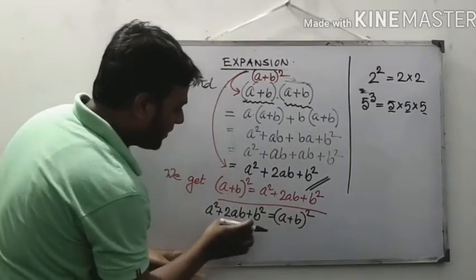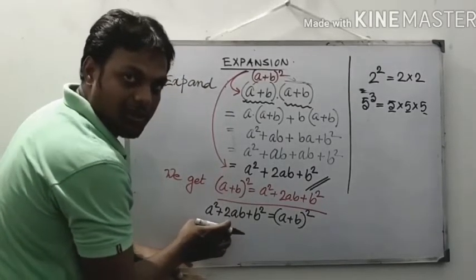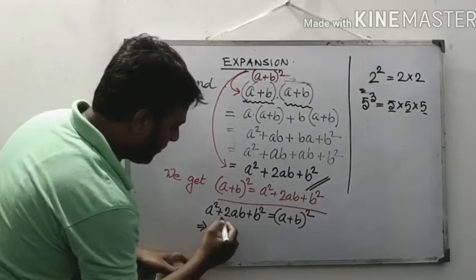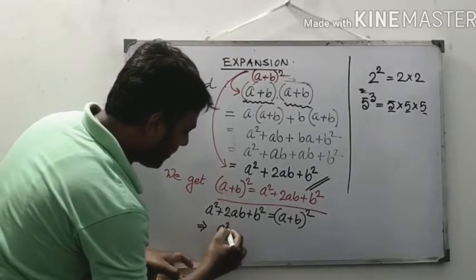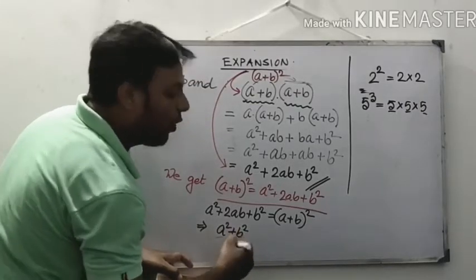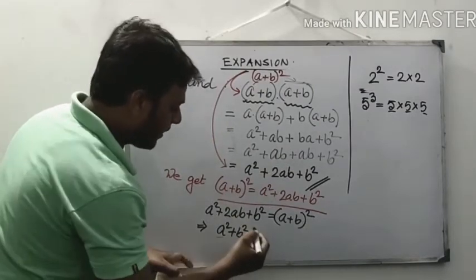Now simplify from this line, find the value of a square plus b square from this line. So a square and b square we keep on the left hand side, and all the other terms move to the right hand side.